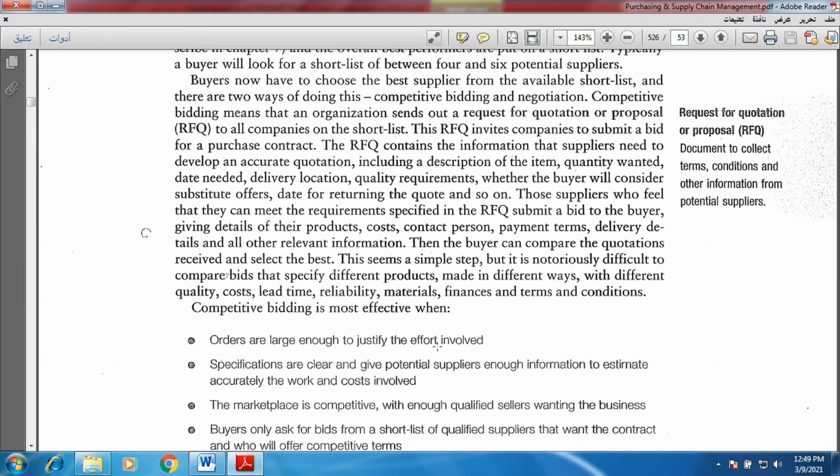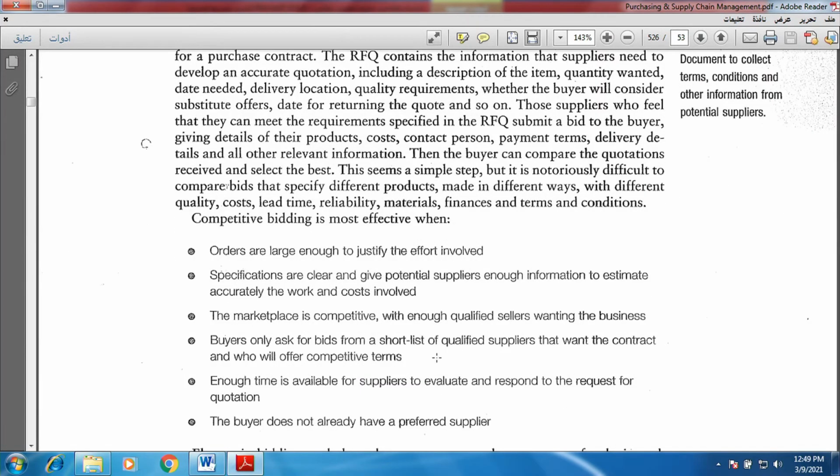Another thing: the specifications are clear enough for the suppliers. The suppliers have lots of information and knowledge about their abilities and the cost and the delivery from us. It's clear for everybody, the suppliers and us. The marketplace is competitive. We have lots of suppliers who are available, willing, and able to do the work.